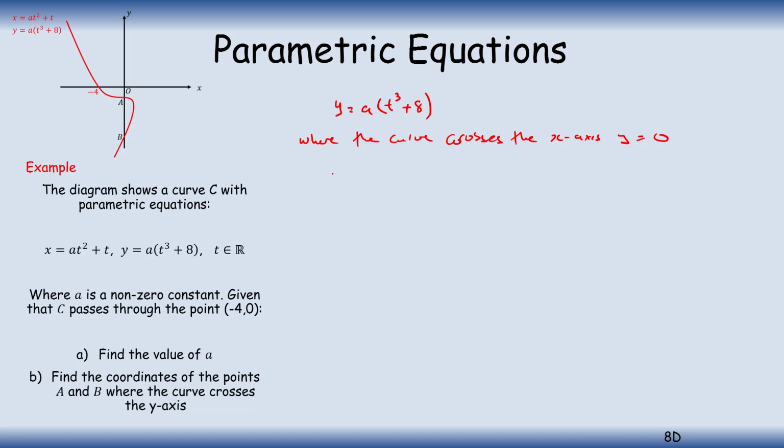So that implies that a brackets t cubed plus 8 is equal to 0.